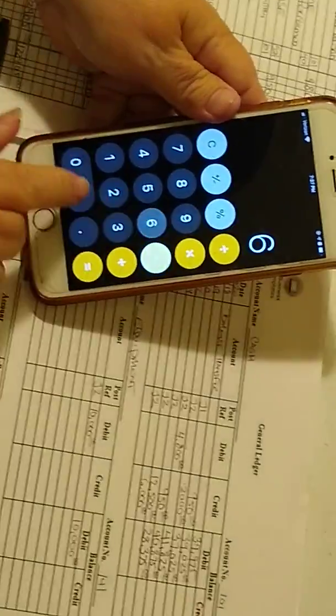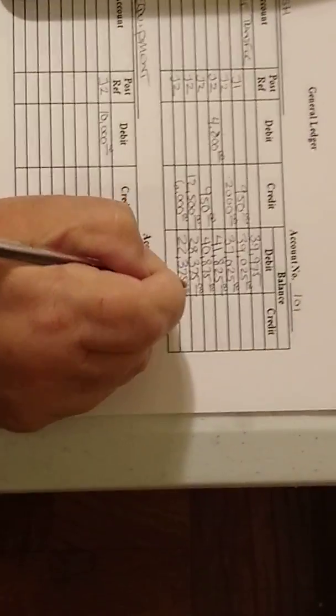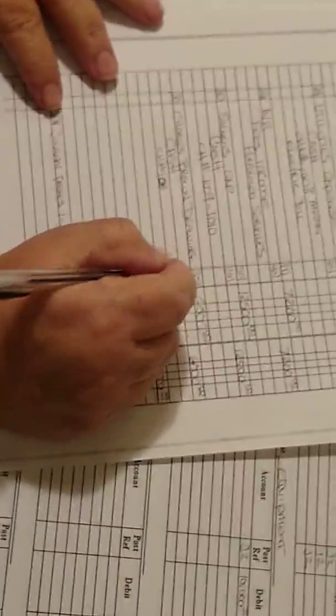So I'm going to take that balance and I'm going to subtract 28,375 minus 6,000 equals. So the balance is 22,375. And then I go over here to cash and put the account number. And that completes the posting.